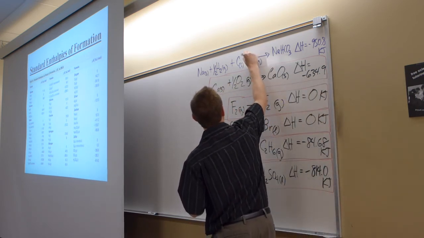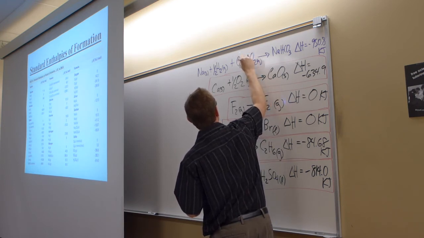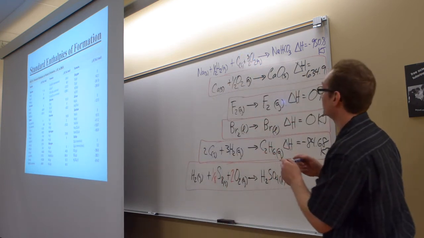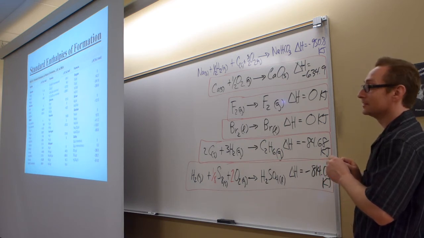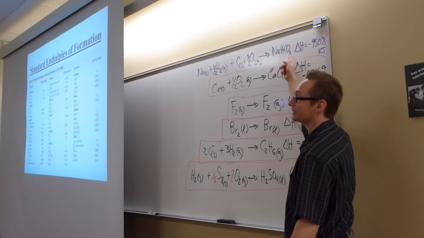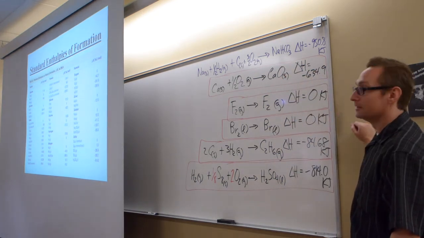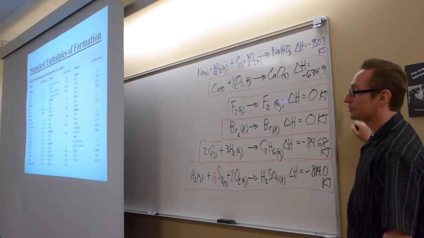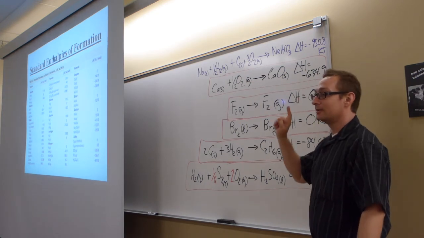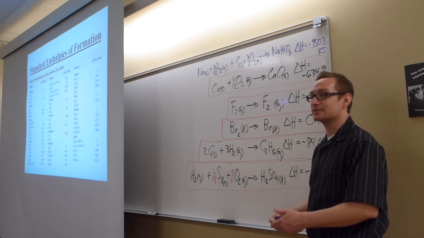So this will be 3 halves. So 3 halves times 2 oxygens gives me 3 O atoms, which balances to 3 here. And that would be a formation reaction to form 1 mole of sodium bicarbonate from its pure elements. Right? Definition of a formation reaction.